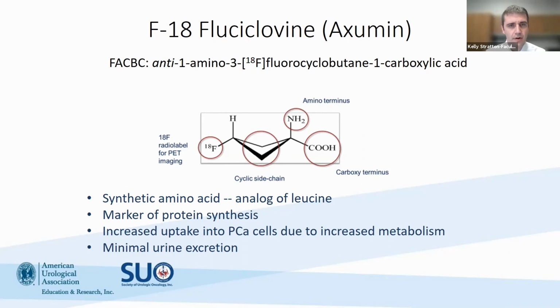For patients who are undergoing an Axon PET scan, the imaging is done about 4 minutes after infusion. Patients are asked to have a full bladder, so that really potentiates the imaging quality in the pelvis to detect recurrences locally. This Axon imaging or flucyclovine imaging has been approved for detection of prostate cancer recurrence by the FDA.